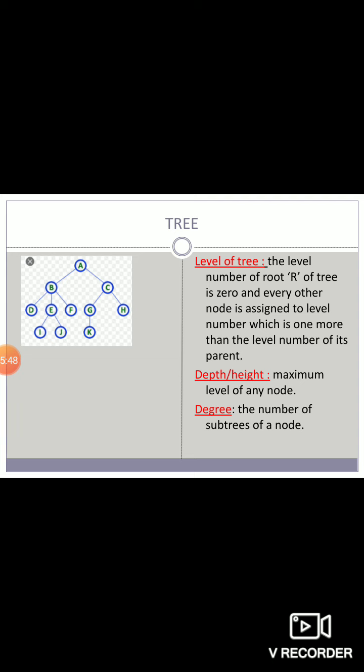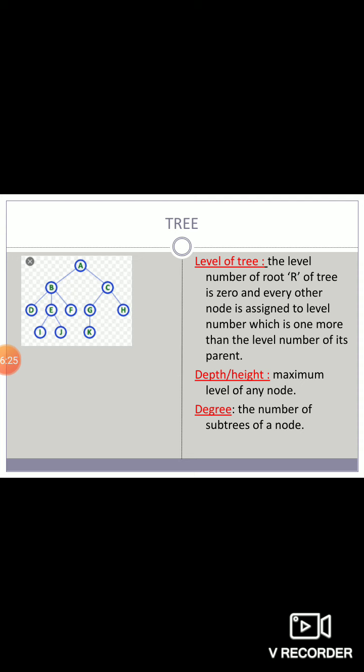Then the next concept is the level of a tree. The level number of the root R of a tree is always 0, and every other node is assigned a level number which is 1 more than the level number of its parent.